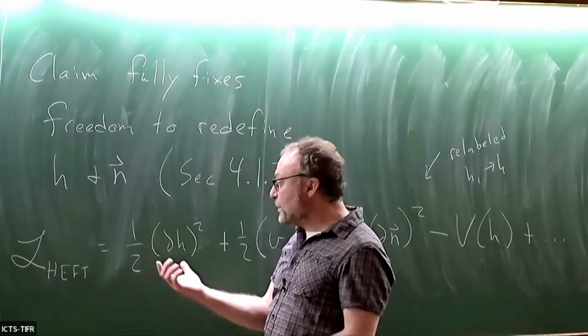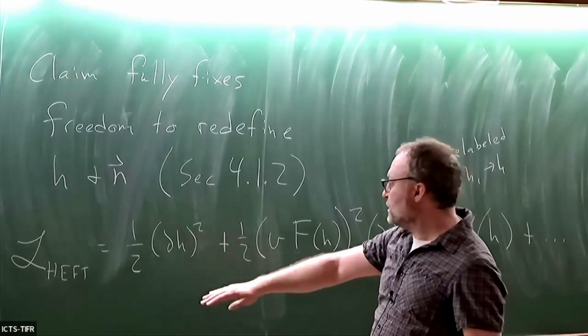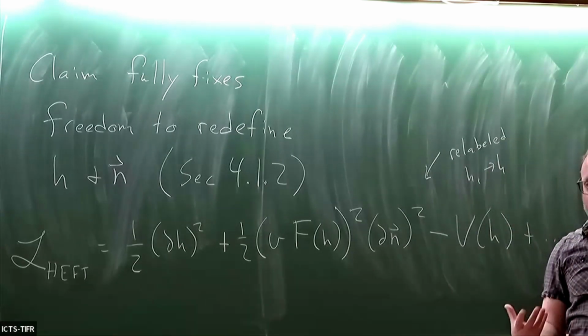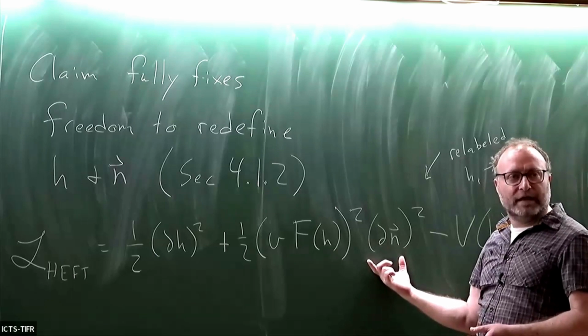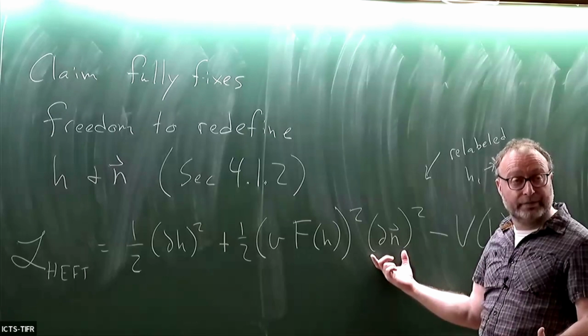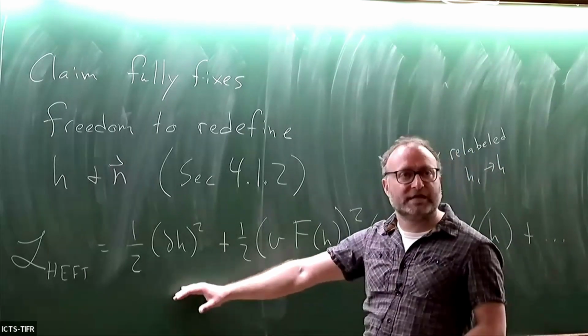And that's non-trivial. Maybe to give you a little bit of intuition here, it's really that n only appears at this two-derivative level as dn squared. And so all of the non-trivial interaction stuff is in little h.